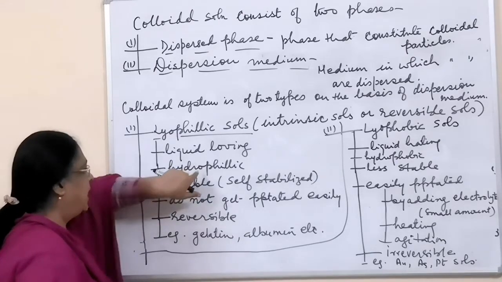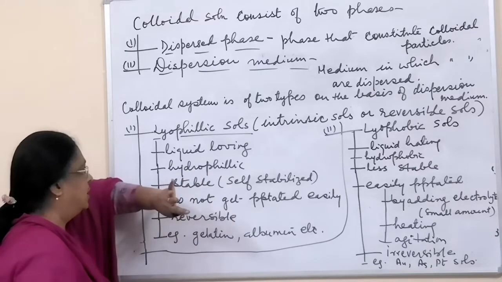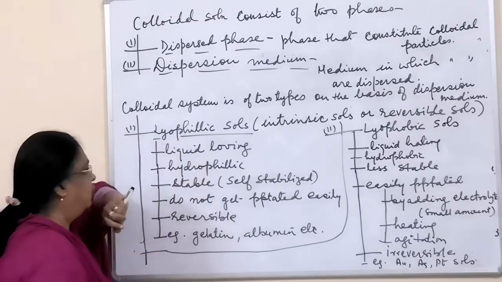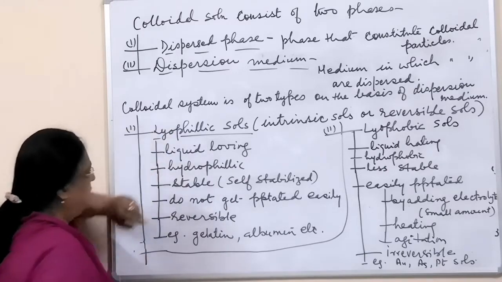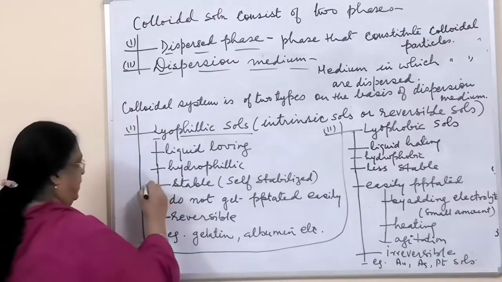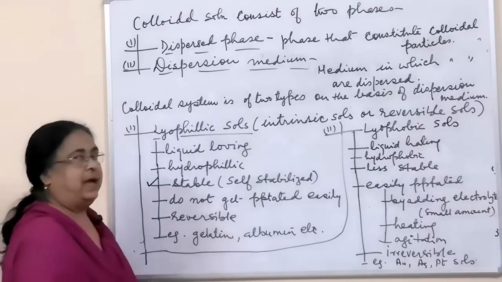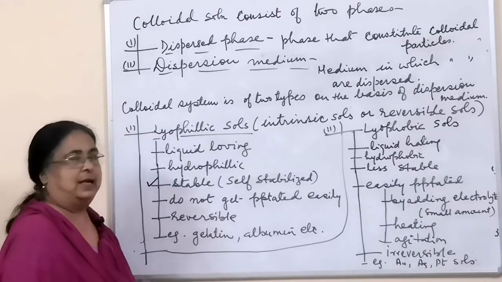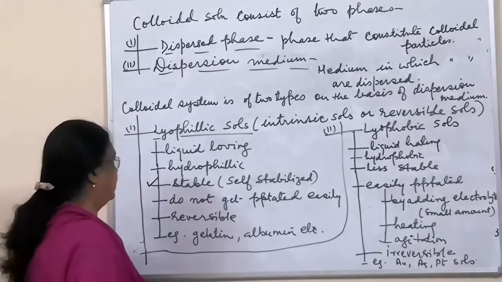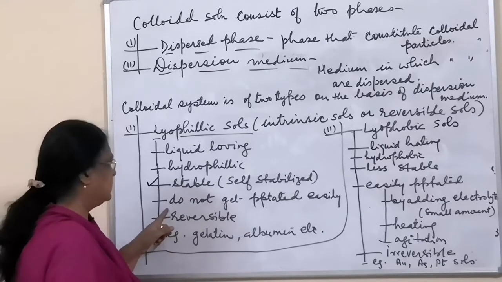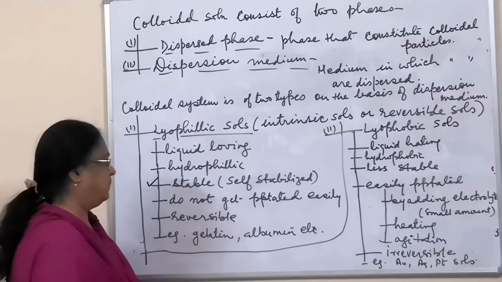Normally hydrophilic is used, but when we talk in general about a liquid, we call it lyophilic. And the most important property of lyophilic sol is that they are stable, self-stabilizing, automatically stabilizing themselves. So they do not get precipitated.